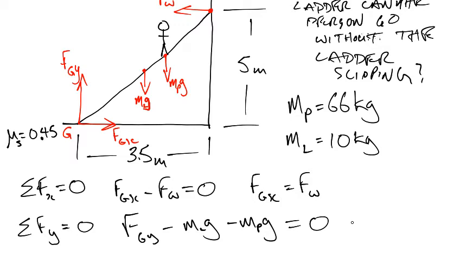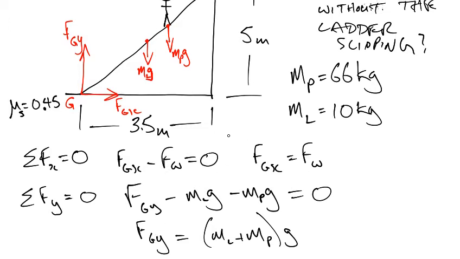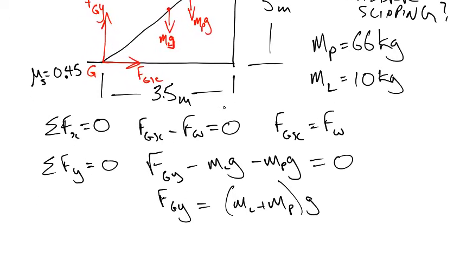Therefore, I can say that FGY must equal ML plus MP times G. And since I know what MP is and I know what ML is, I definitely know what FGY is going to be.